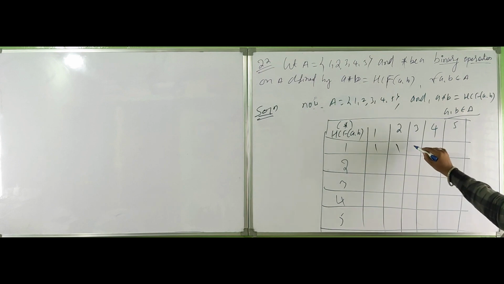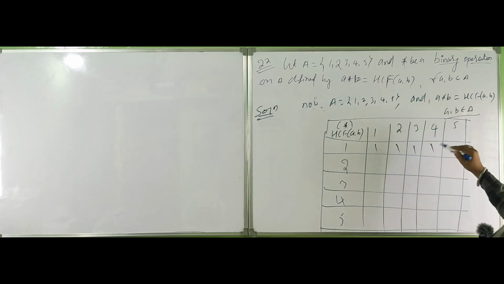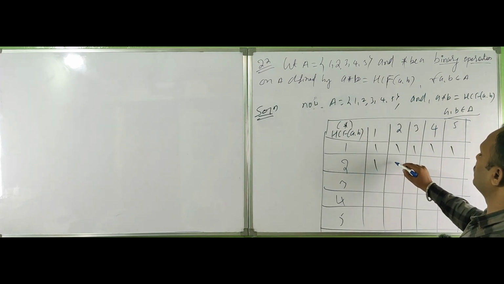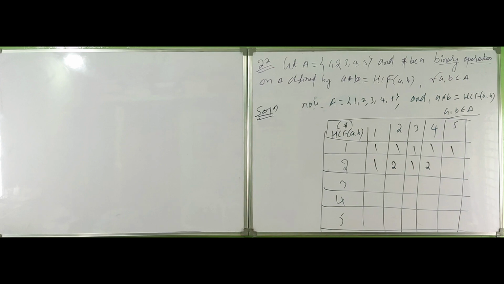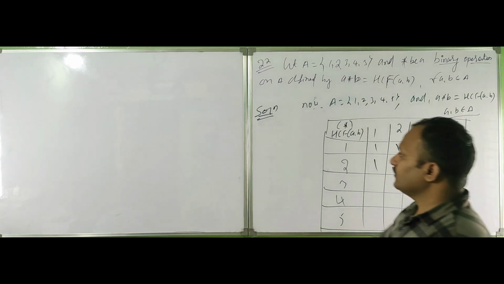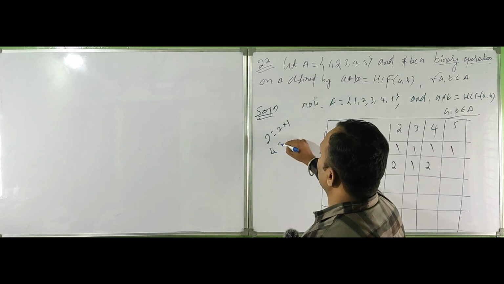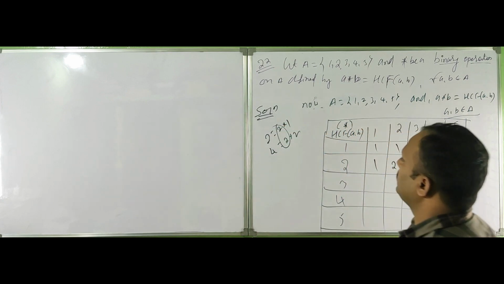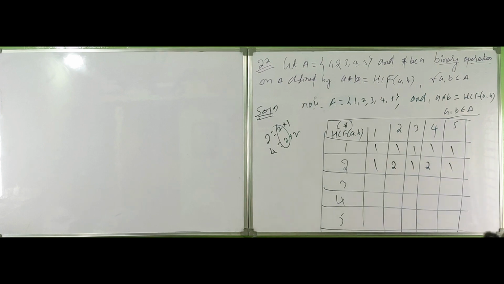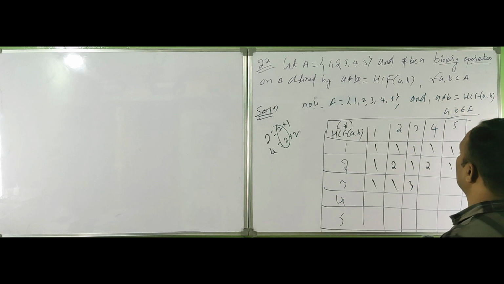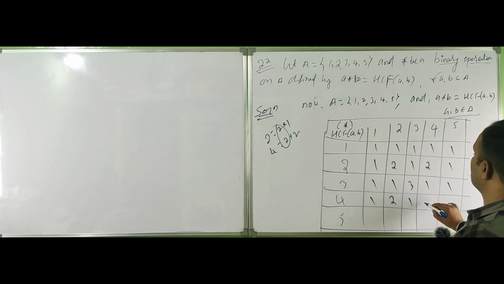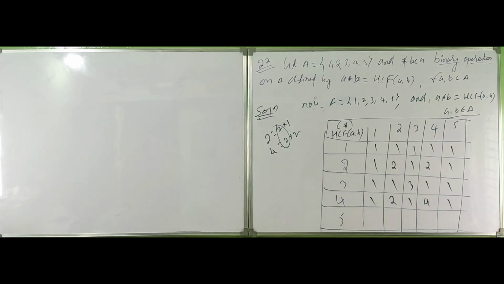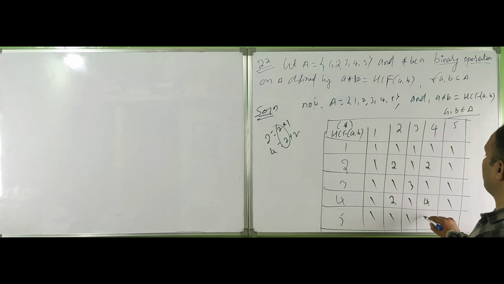HCF of 1 and 2, 1; 1 and 3, 1; 1 and 4, 1; 1 and 5, 1. 2 and 1, 1; 2 and 2, 2; 2 and 3, 1; 2 and 4, 2, because 2 is 2 into 1, 4 is 2 into 2, highest common factor is 2. 2 and 5, 1. 3 and 1, 1; 3 and 2, 1; 3 and 3, 3; 3 and 4, 1; 3 and 5, 1. 4 and 1, 1; 4 and 2, 2; 4 and 3, 1; 4 and 4, 4; 4 and 5, 1. 5 and 1, 1; 5 and 2, 1; 5 and 3, 1; 5 and 4, 1; 5 and 5, 5.